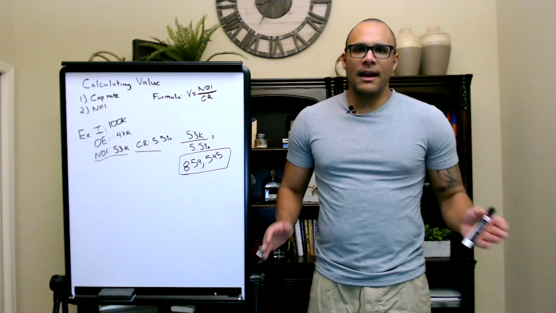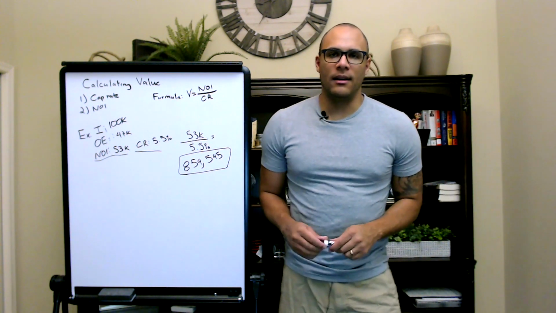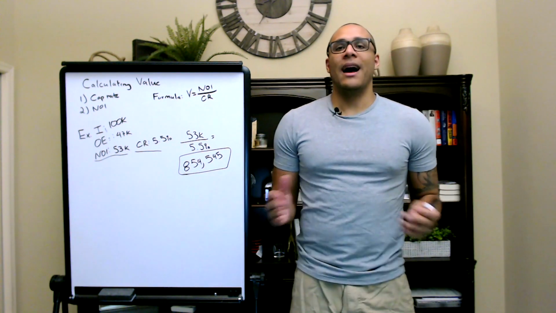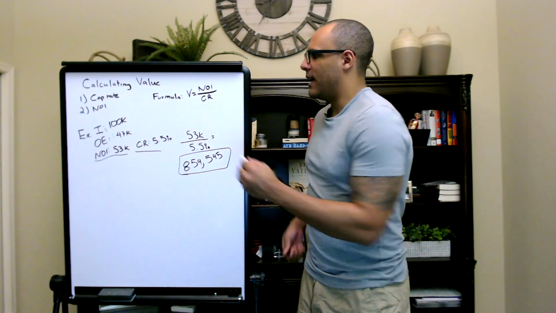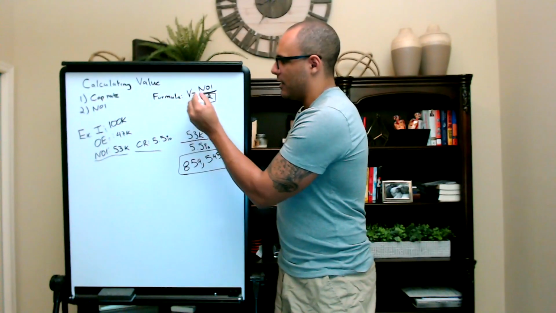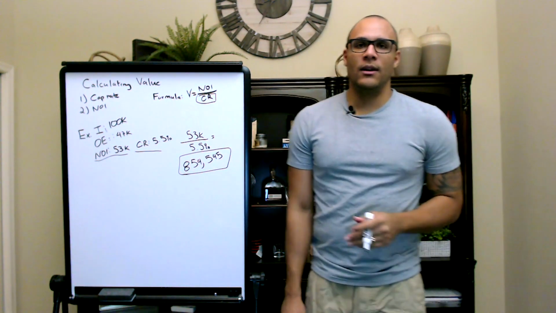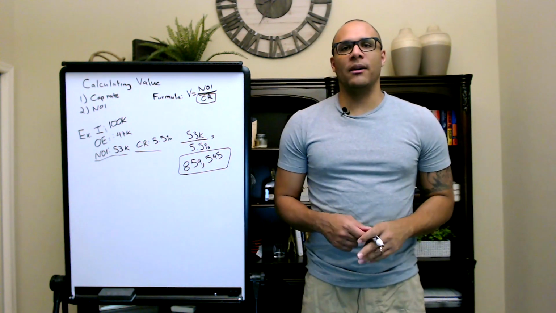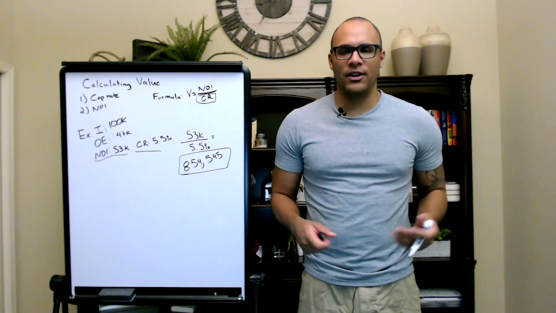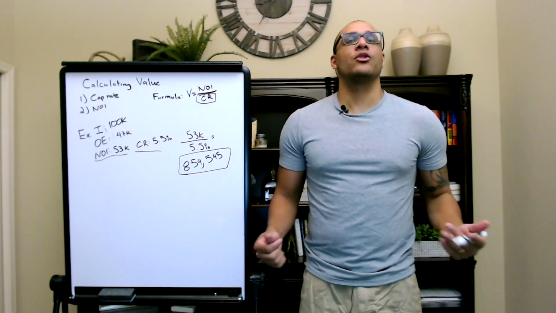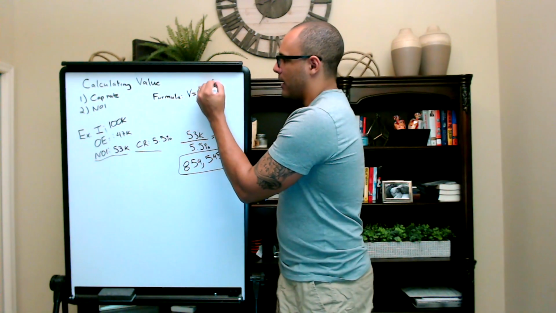Now that we know how to calculate the value, we also know how to increase the value of the property. The cap rate is generally fixed. We could change markets, or maybe try to push our property from a B class to an A class, or a C class to a B class, and change that cap rate. But what we do have control over is the net operating income.